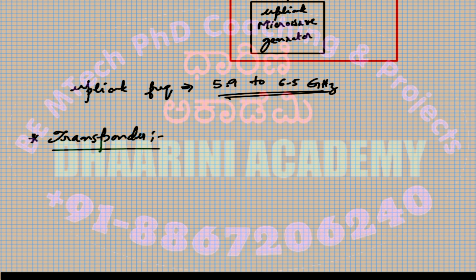At the same time, the downlink frequency from the satellite to Earth will be in the range 3.7 to 4.3 gigahertz. So 0.6 gigahertz is the bandwidth available for uplink and downlink.